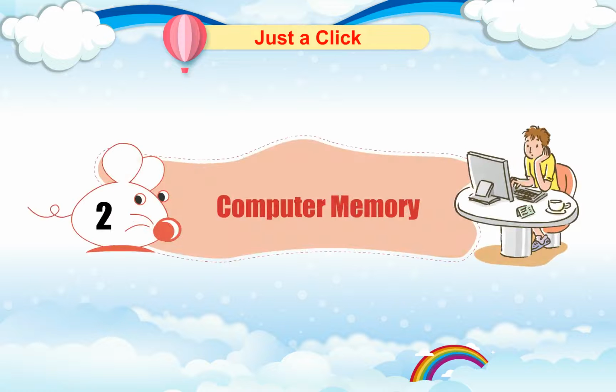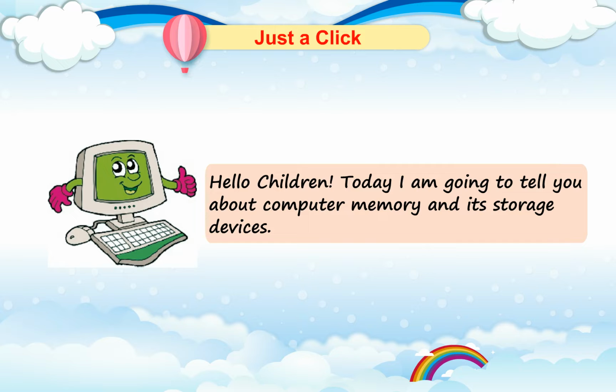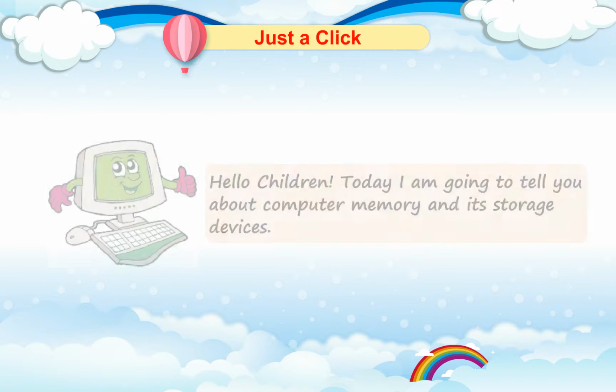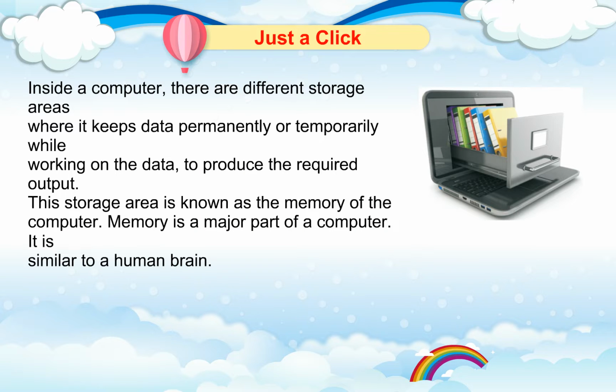Chapter 2: Computer Memory. Hello children, today I am going to tell you about computer memory and its storage devices. Inside a computer, there are different storage areas where it keeps data permanently or temporarily while working on the data to produce the required output.